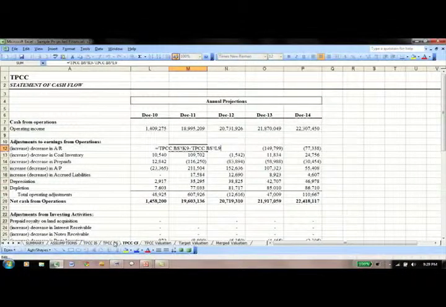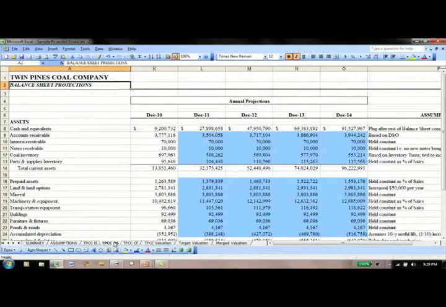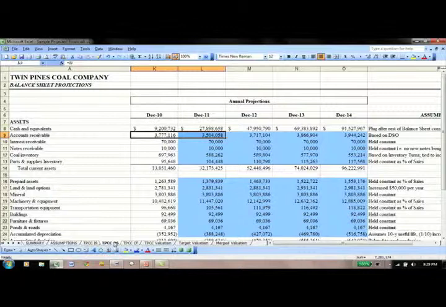If I go to my balance sheet tab and look at K9, that is the accounts receivable balance for December 2010, and L9 is the AR balance for 2011. If you look at those two numbers, the AR has gone from 3.7 million down to 3.5 million.